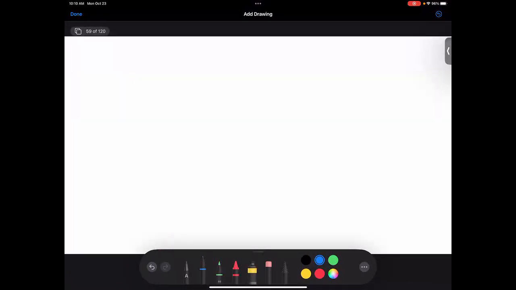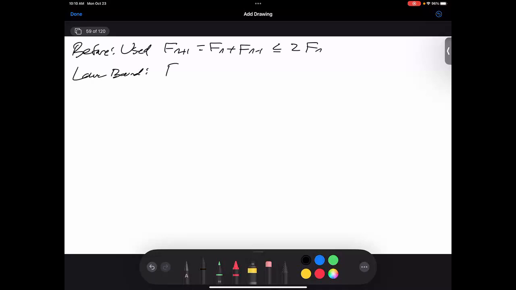Before, we used f_{n+1} equals f_n plus f_{n-1} is less than or equal to twice f_n. Now we want a lower bound. So f_{n+1} is f_n plus f_{n-1}. What do you think that's going to be greater than or equal to? 2f_{n-1}.